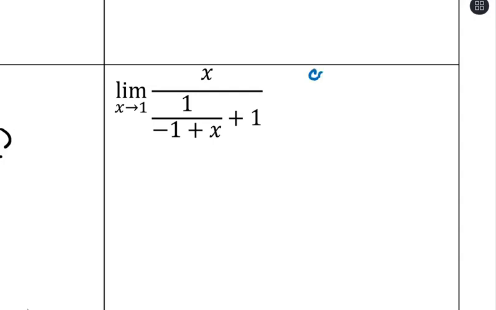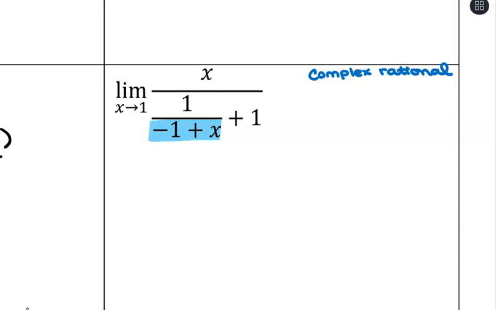Okay, this next one, we didn't have an example like this. So this is a complex rational expression. We'll go through the steps for how to simplify a complex rational expression here. What's making it complex is basically that we have a fraction within a fraction.